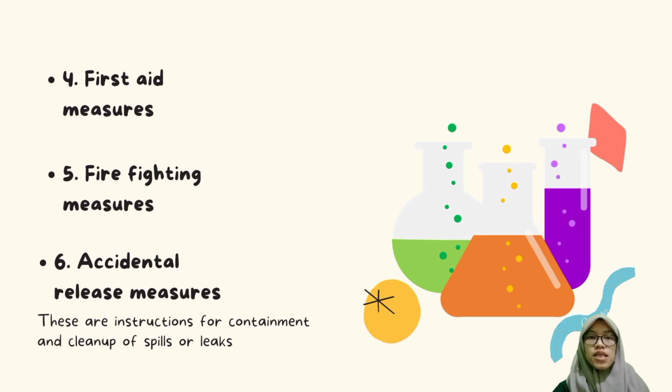Section 4, First aid measures: the required treatment for a person who has been exposed. Section 5, Firefighting measures. Section 6, Accidental release measures. These are instructions for containment and cleanup of spills or leaks.